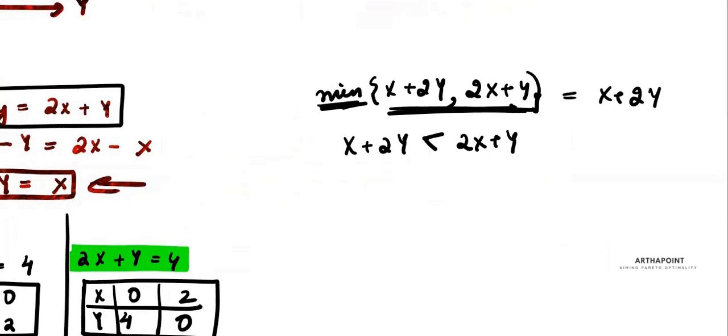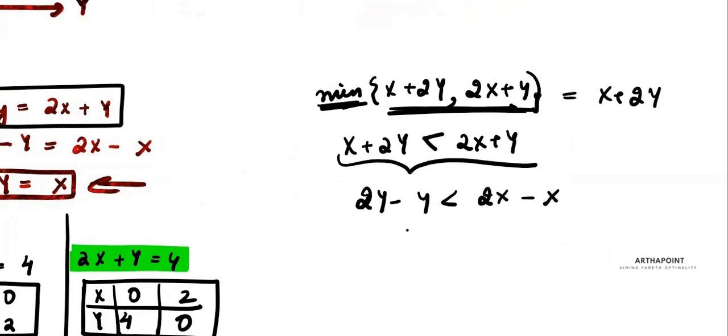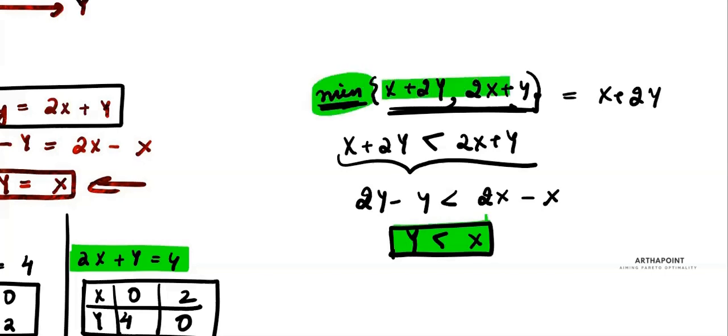Now, if we solve this, this happens when 2y minus y is less than 2x minus x, or y is less than x. So whenever x is greater than y, the minimum of the two is x plus 2y.